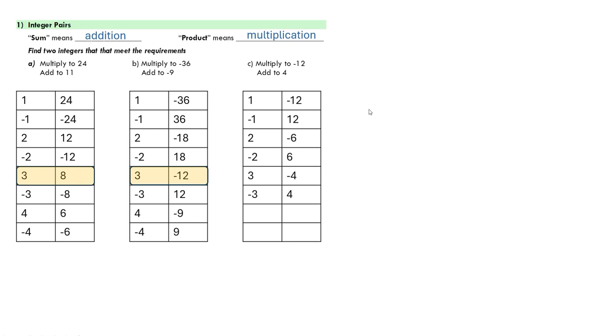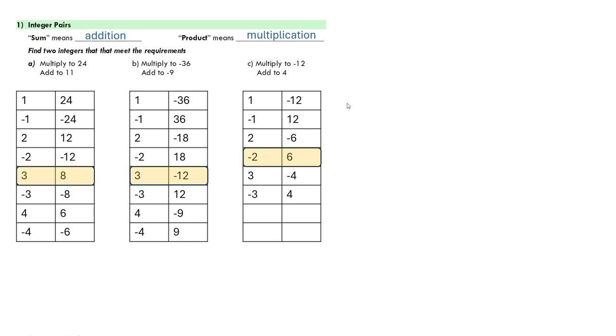In the last example, we're looking for a pair of numbers that will multiply together to be -12 and add together to be 4. We start by listing all our factors. All of these pairs of numbers will multiply together to be -12, and then we choose from this list which of these pairs will add together to be 4.